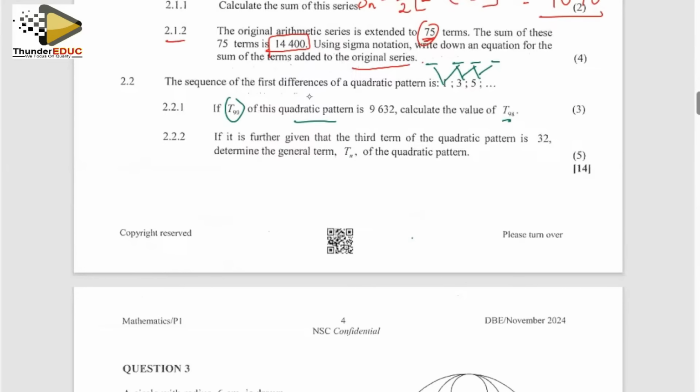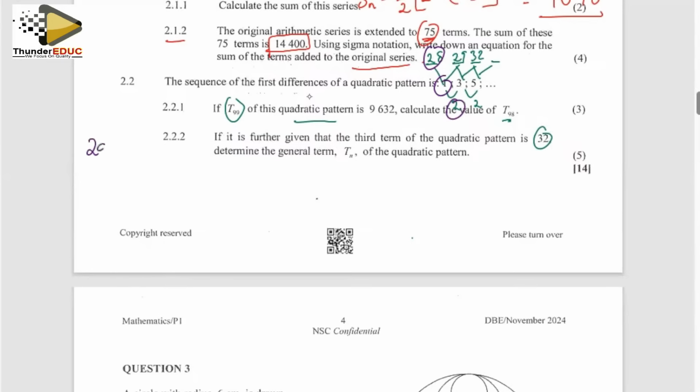If it's further given that the third term is a 32, determine the general term. If that's a 32, if we move backwards, 32 minus 3 is going to give us a 29. Minus 1, it's going to give us a 28. So our interest is basically the first term, which is the 28, and then the 1, and then the 2 for us to get the Tn.